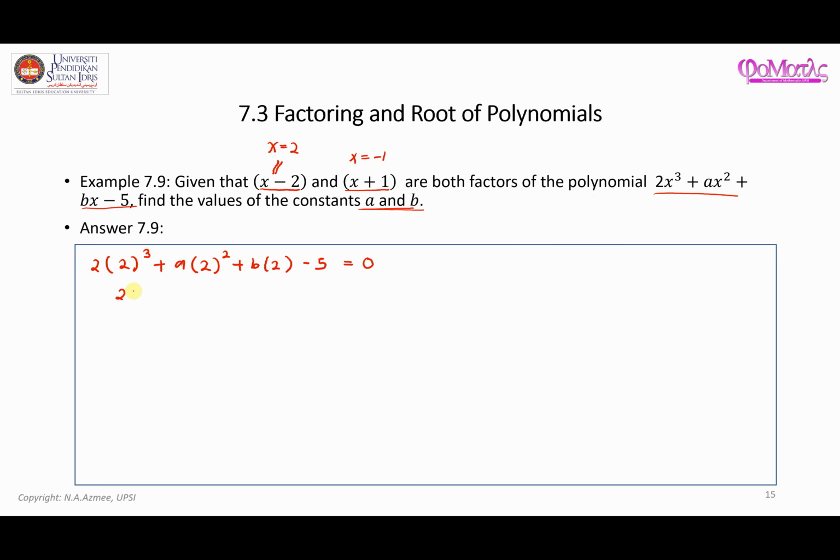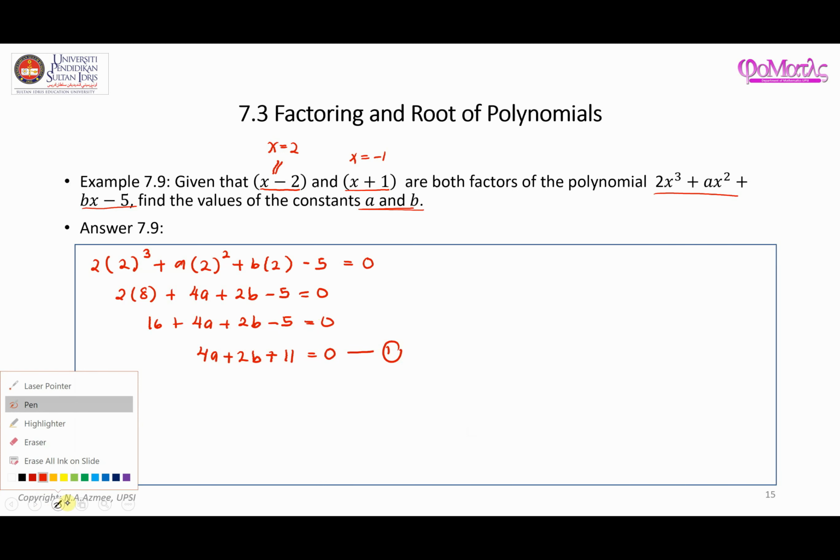So we have 2 to the power of 3 is 8 plus 4a plus 2b minus 5 is equal to 0. Next, I have 16 plus 4a plus 2b minus 5 is equal to 0. Based on this, we can further simplify that to 4a plus 2b plus 11 is equal to 0, and this is my first equation.